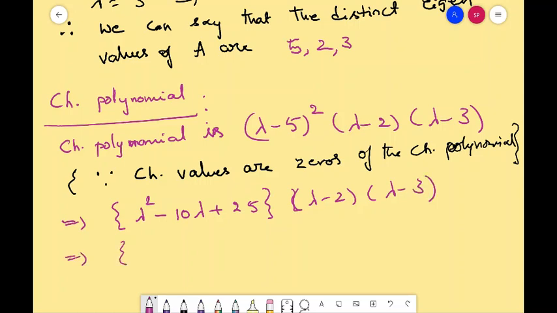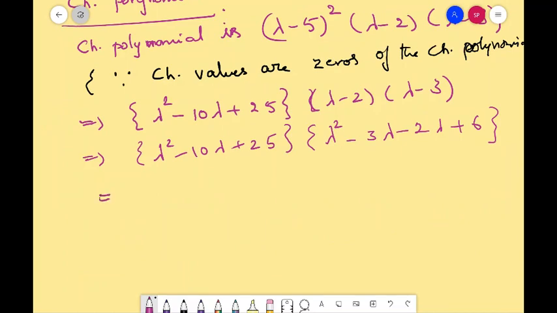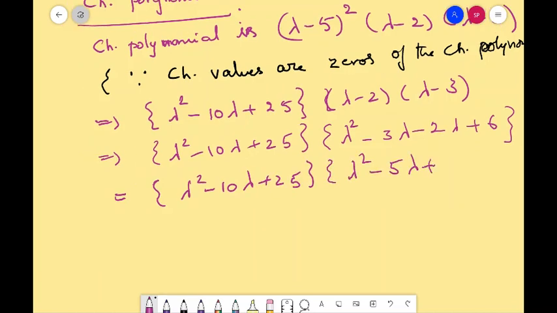That implies (lambda square minus 10 lambda plus 25) into (lambda square minus 3 lambda minus 2 lambda plus 6), which is equal to (lambda square minus 10 lambda plus 25) into (lambda square minus 5 lambda plus 6).